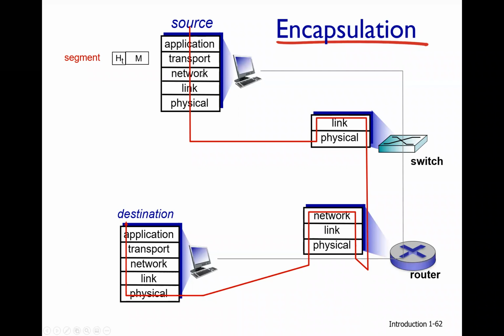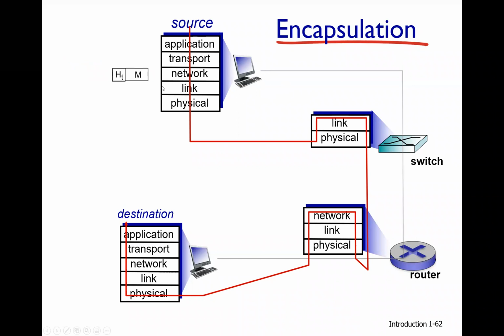Then we push this down to the network layer. The network layer is responsible for host-to-host communication. And this includes finding the routes, and also how to identify themselves.